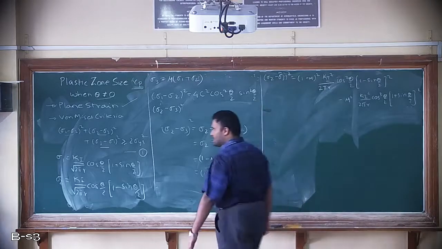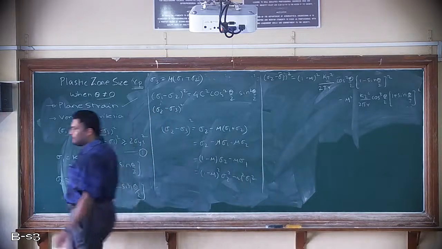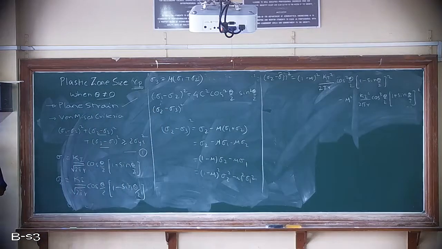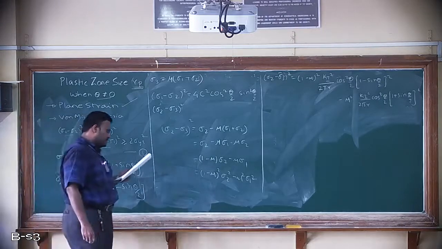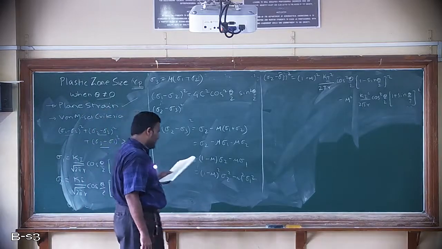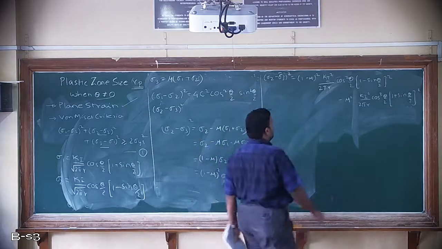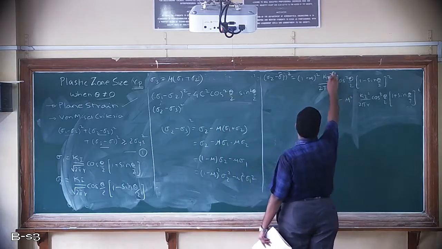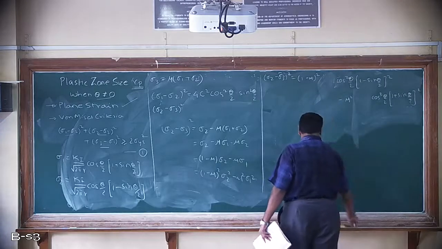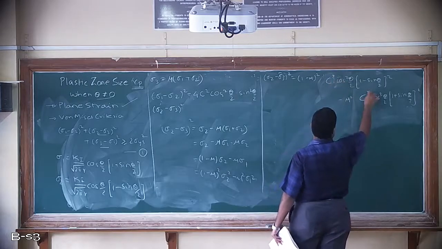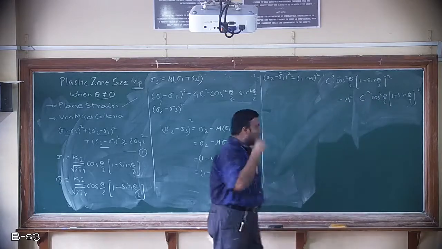So here we shall simplify this. So I can take this K1 square. For our simplification, I can write this as c square, because we have seen c is K1 upon root of 2 pi r.